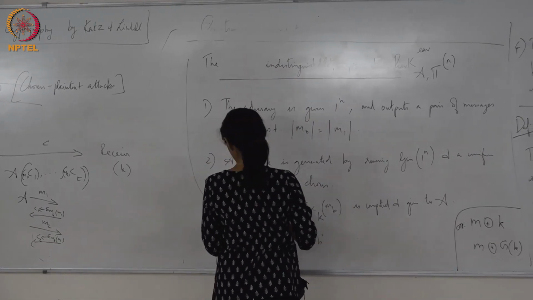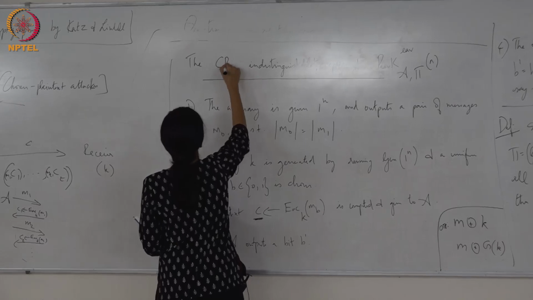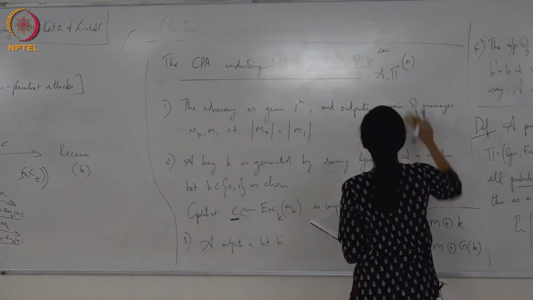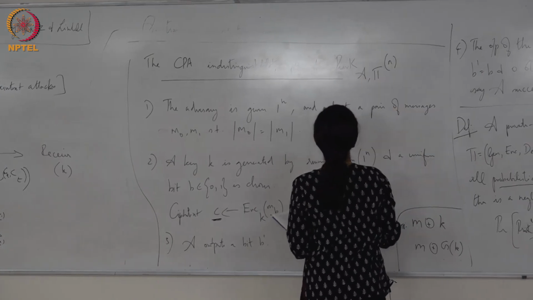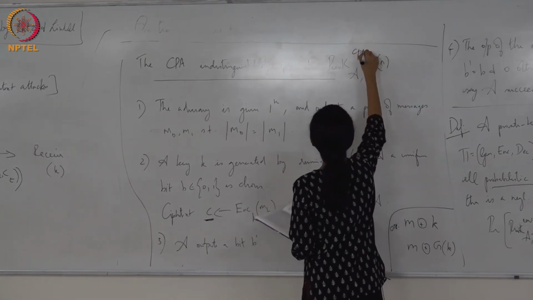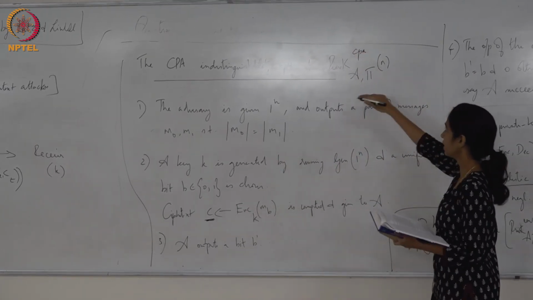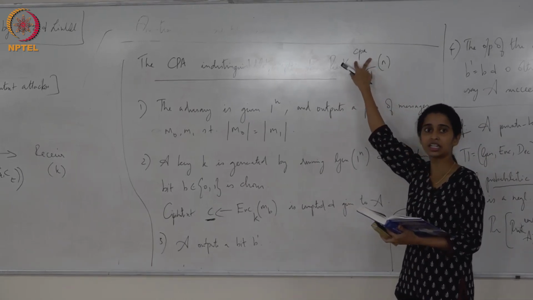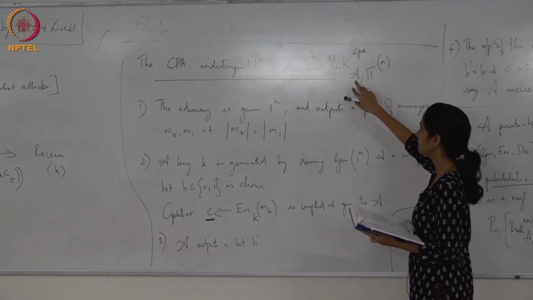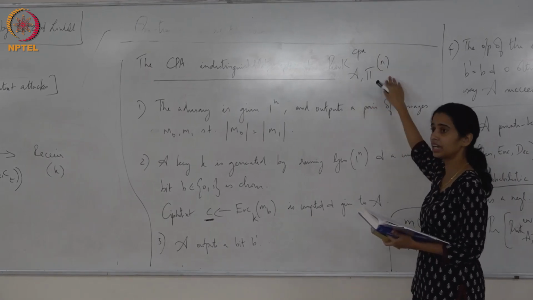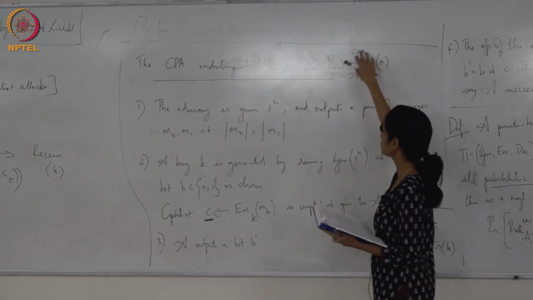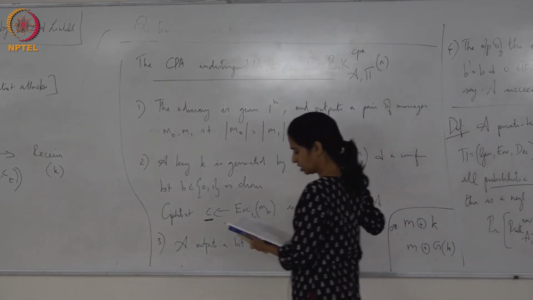We will call this the CPA indistinguishability experiment, and now this would be PrivK CPA A comma pi of n. So again we are in the private key setting, but we are now considering chosen plaintext attack, so the superscript has changed to reflect that. For an adversary A against an encryption scheme pi with the security parameter n. That's why it's PrivK CPA A comma pi of n.